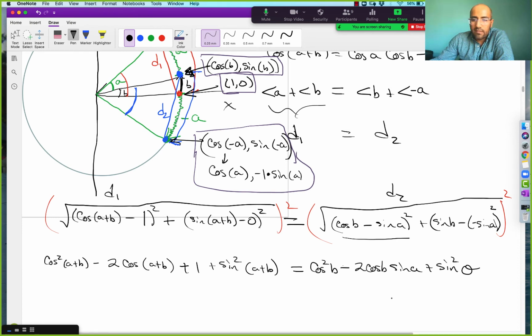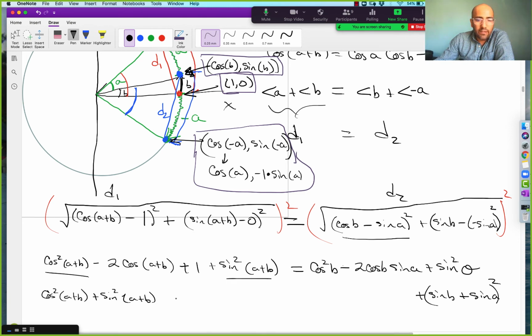And then this guy, I'll just put a plus, and we can rewrite sine b plus sine a, parentheses squared, and then I'll square it next, right below here. But notice that if I bring these two things together, cosine squared a plus b plus sine squared a plus b, they're really just going to give me a 1, right?